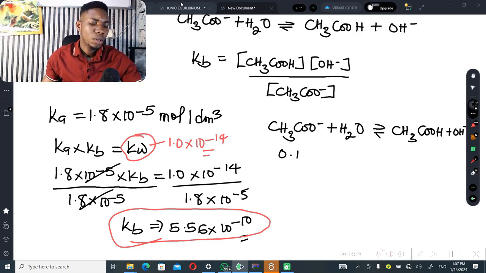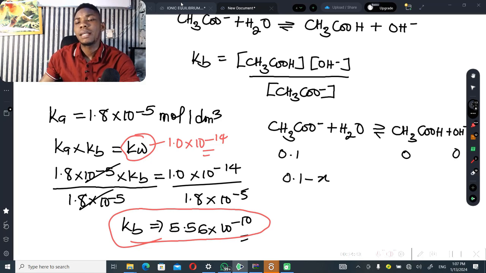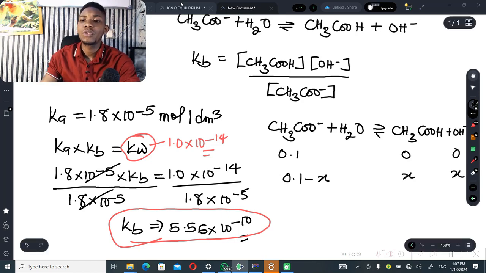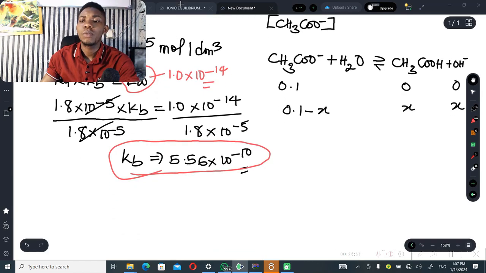Initially here will be 0, here will be 0, but as time progresses, this one will lose a portion of it, so we have 0.1 minus x. Here will be x, and the hydroxyl ion will also be x, based on what I've taught you before, in a similar question like this.